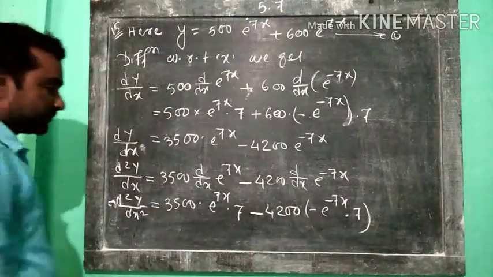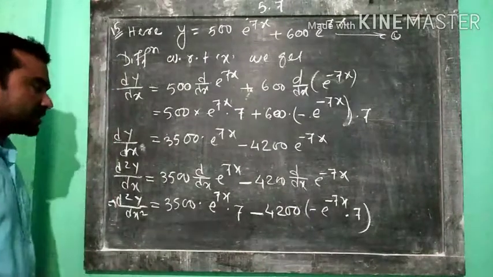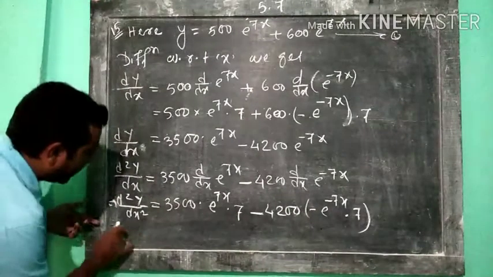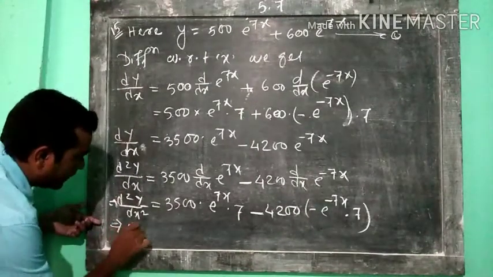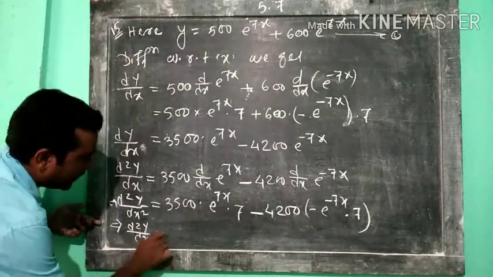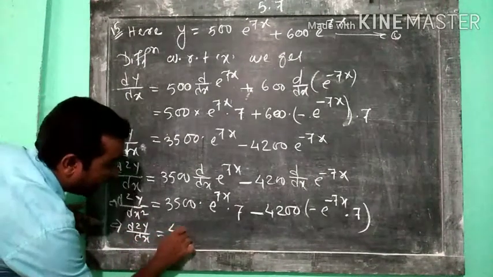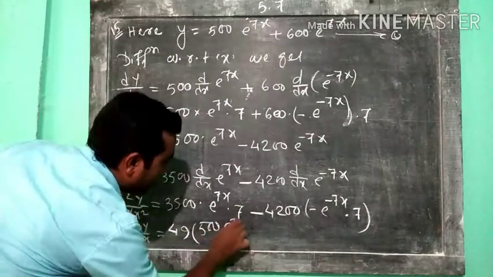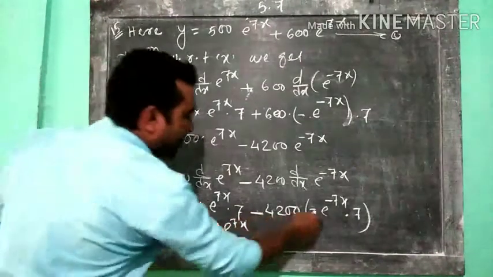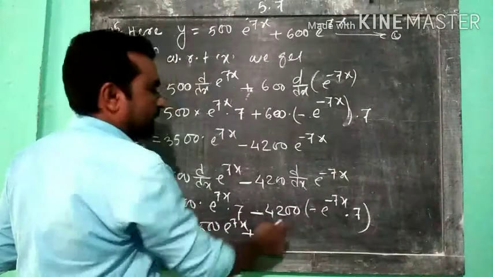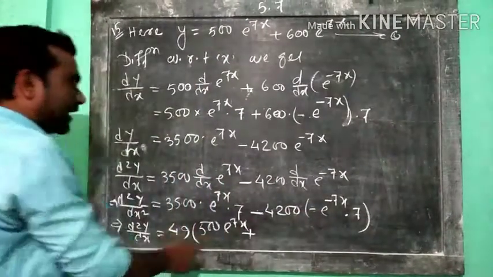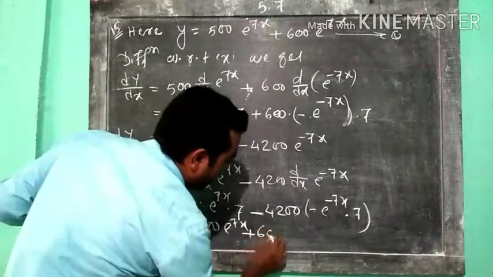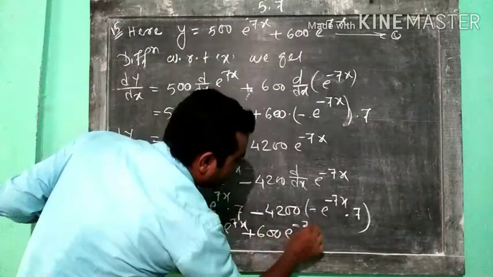So what is the answer? If we take 49 common here, d2y/dx2 equals 49 times 500 e to the power 7x, and this minus minus is plus, then 600 e to the power minus 7x.